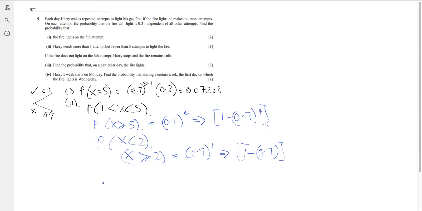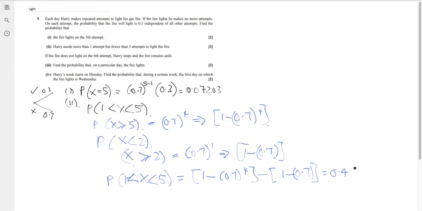So if I want to find P(1 < X < 5), all I have to do is take 1 minus 0.7 to the power of 4, minus 1 minus 0.7 to the power of 1, and the answer that I've got is 0.4599.